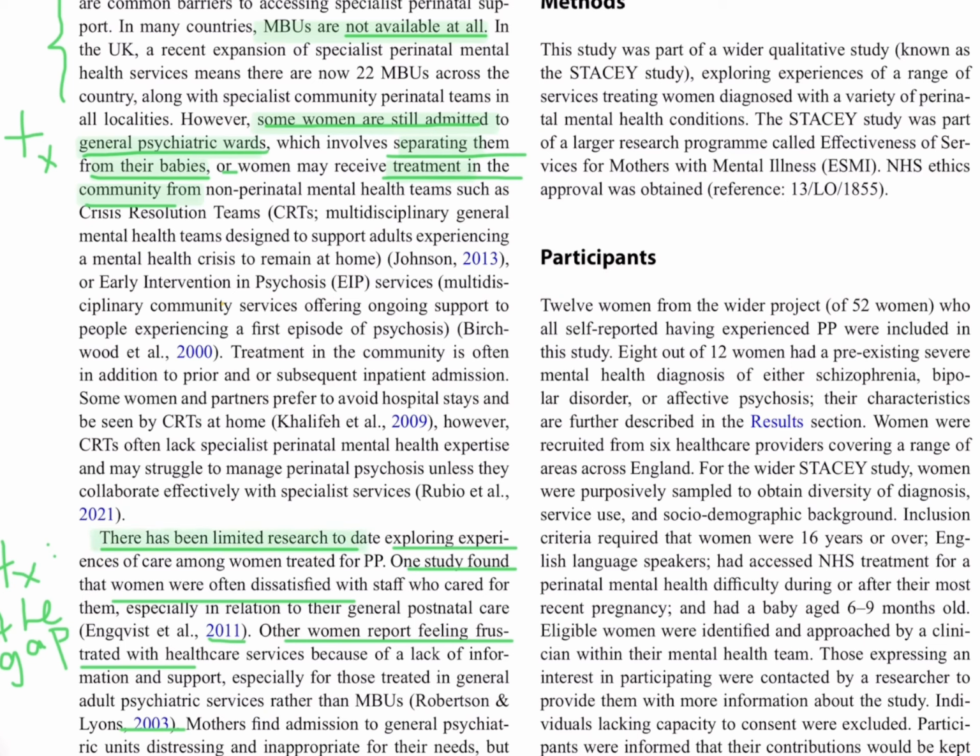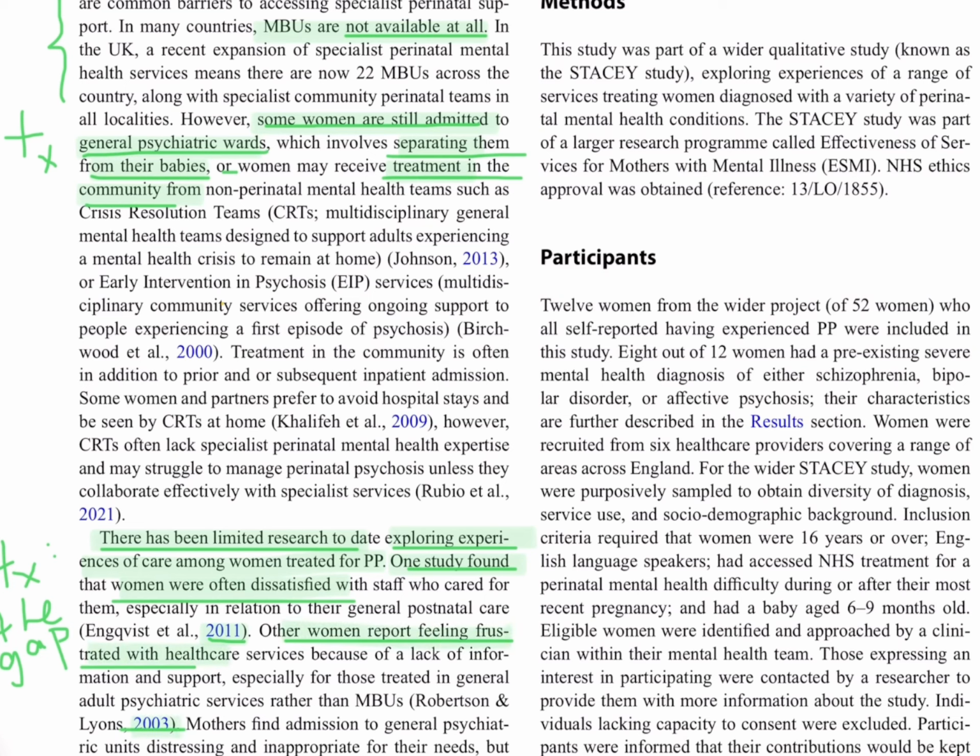And we can see language like there is conflicting research, in this case, there has been limited research that explores the experiences of women who are treated for PP. For example, one study found that women are often dissatisfied. Other women are frustrated.